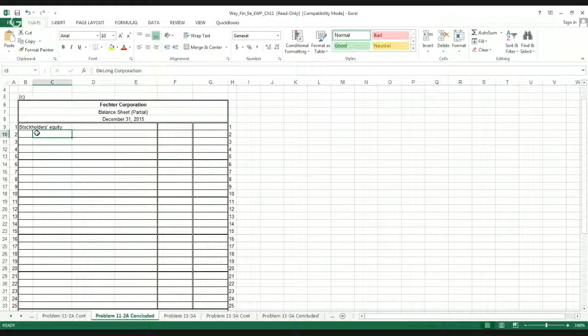Now, it does tell us treasury stock is $8,000. Then it tells us what the total stockholders' equity should be, and that should be $829,000. So let's take a look at this. Don't mind my typing. Let's put in the paid in capital. We've got capital stock at $5 par, right?